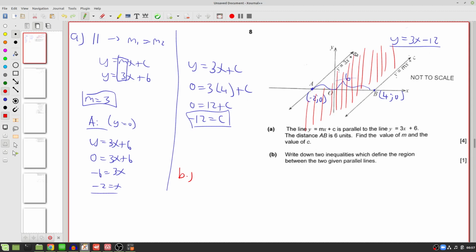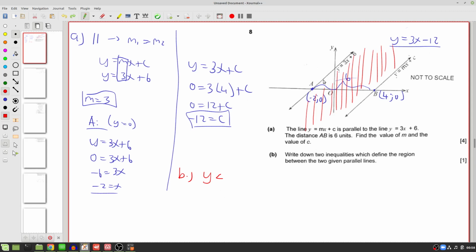So we know this region is below this line and it's above this line. Below and above has to do with y values, right? Y values are the up and down values. Since y is already by itself, that'll be the easy one to work with. So all the y values must be below this line. So y must be less than, and since it's exactly between, we probably don't want to put the equal sign.